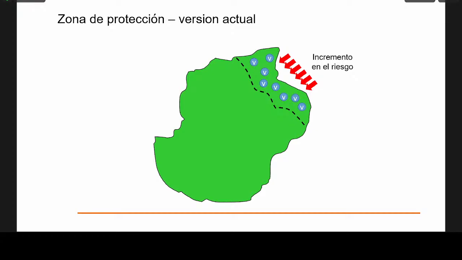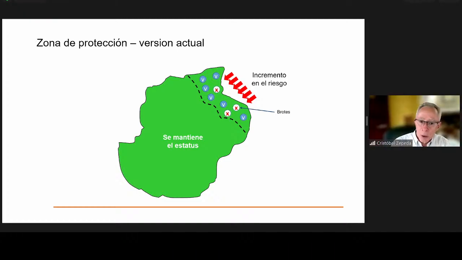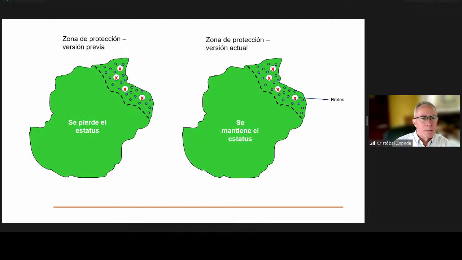Now, we can also consider vaccines within a protection zone. In the case of outbreaks, the status will be the same for the rest of the country or zone. What does change is the status for that protection zone, because now it's going to be a vaccine zone.